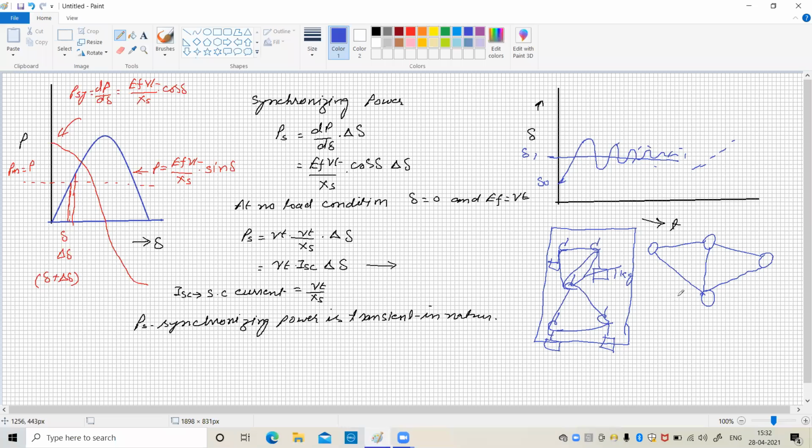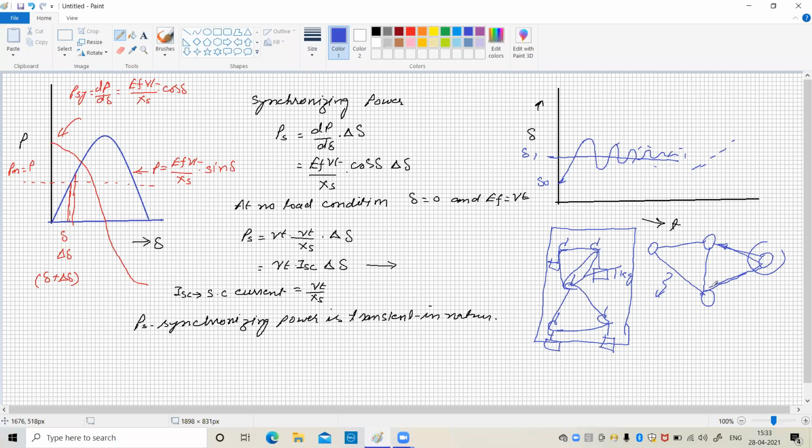So whenever there is a sudden disturbance in any part of the system, this sudden disturbance may be a fault on the transmission line, or a fault in one of the generating stations, so it is suddenly disconnected. Whatever the load on that generating station, it gets transferred to the nearby generating station. If they are under-loaded, they will sustain the load.